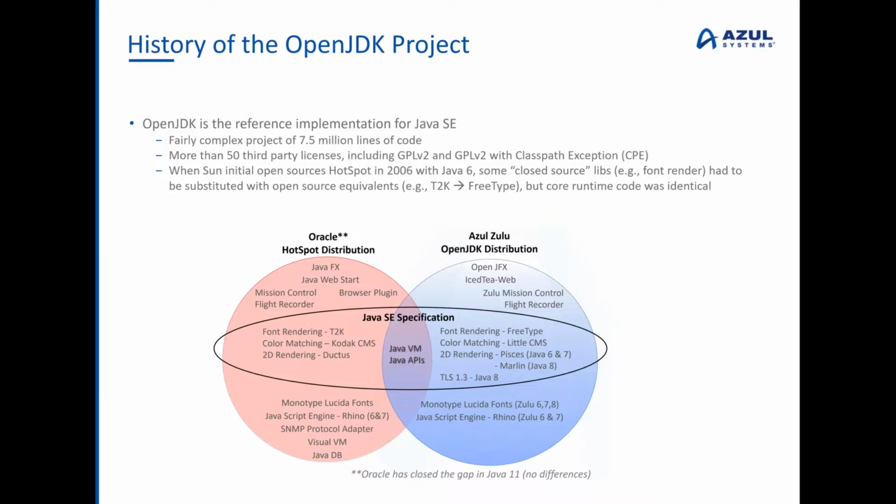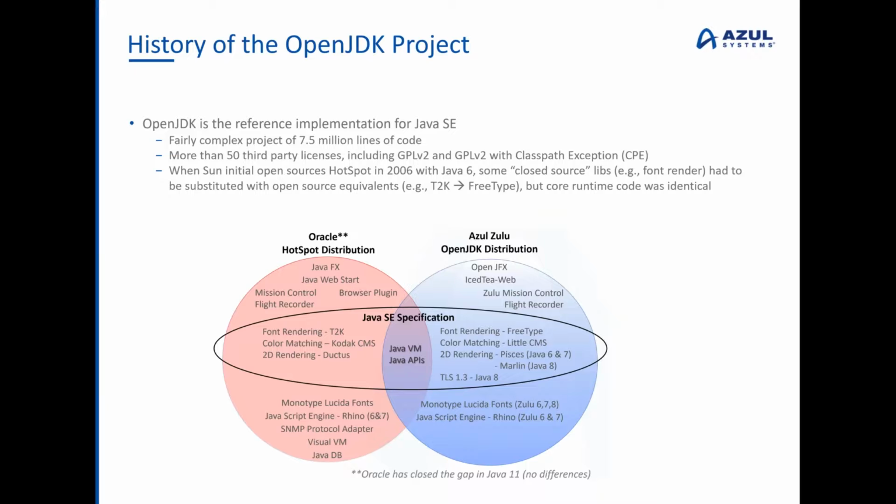But if we look at Azul and what they've been doing with Zulu, you'll see that there are many core equivalents. So JavaFX is available in both distributions. Mission Control and Flight Recorder were actually backported from Java 11 by Azul and made available to both the community as well as a part of the Azul Zulu distribution.